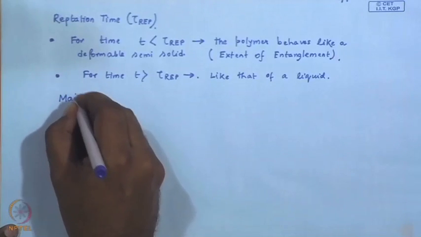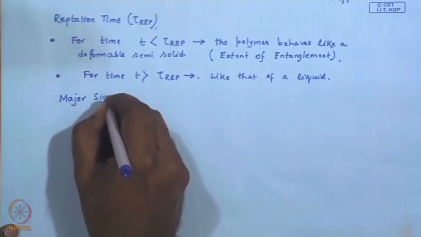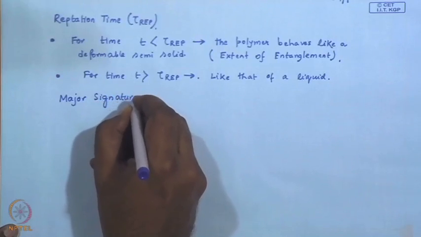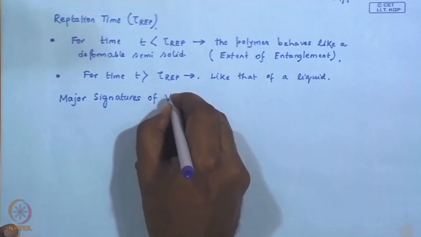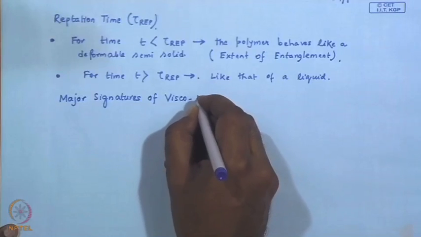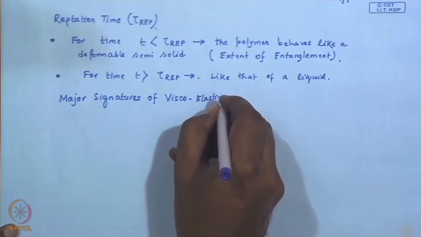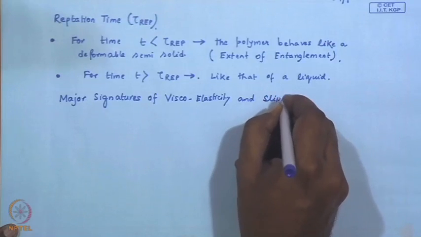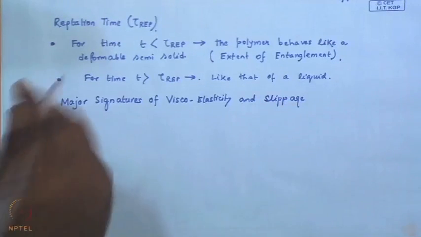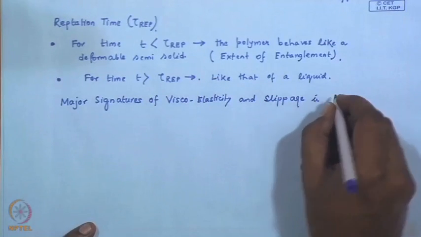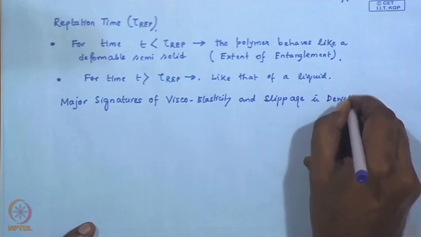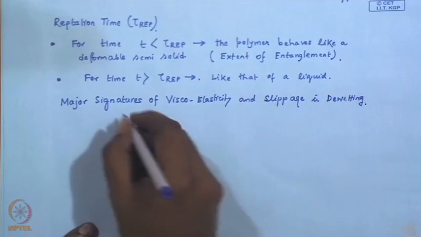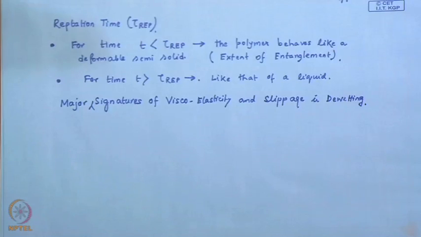And what we will pick up is the major influence or major signatures of viscoelasticity and slippage in dewetting, particularly the morphological signature, I would say.